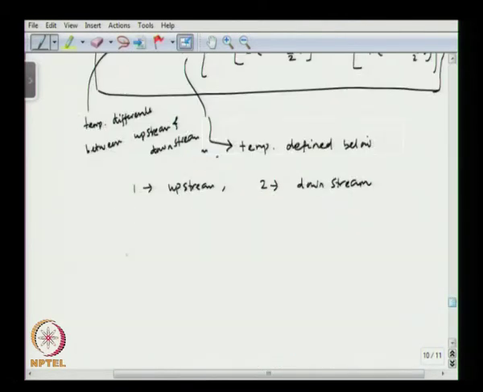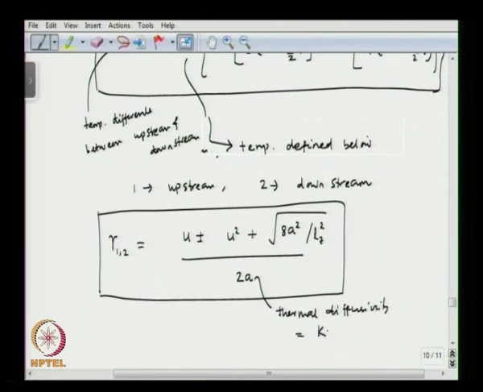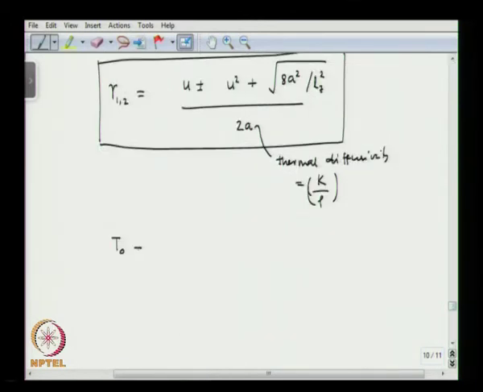So, in that case the expression for gamma 1, 2 is estimated as u plus minus square root of (u square plus 8 a square over Lz), divided by 2a, where a is the thermal diffusivity, which is K over rho. So, we can define T0 as follows.